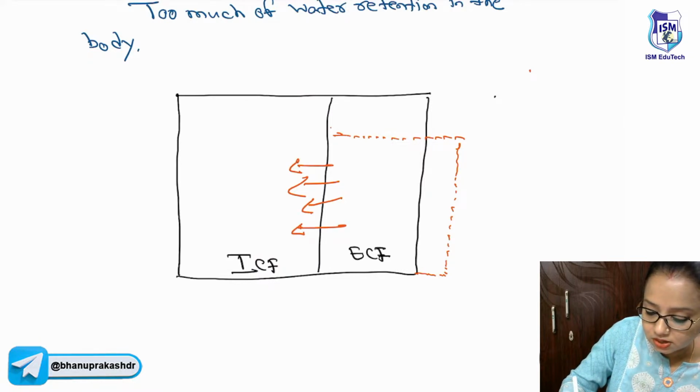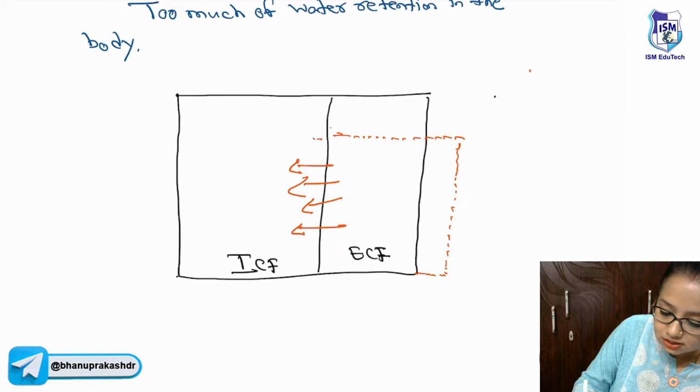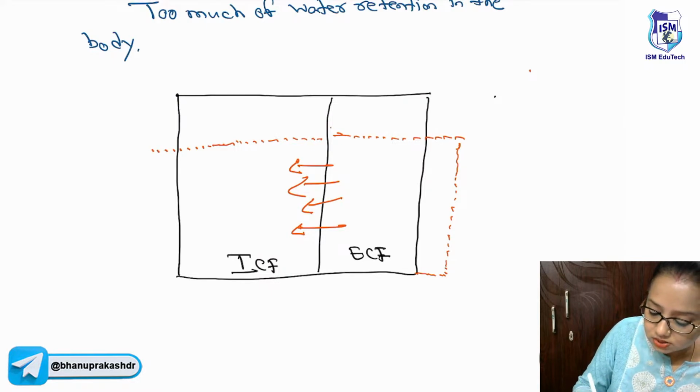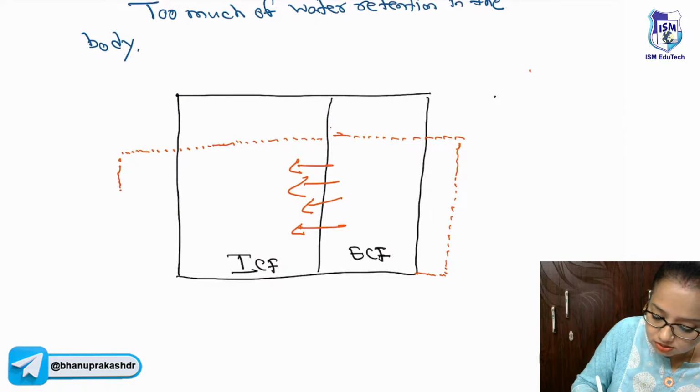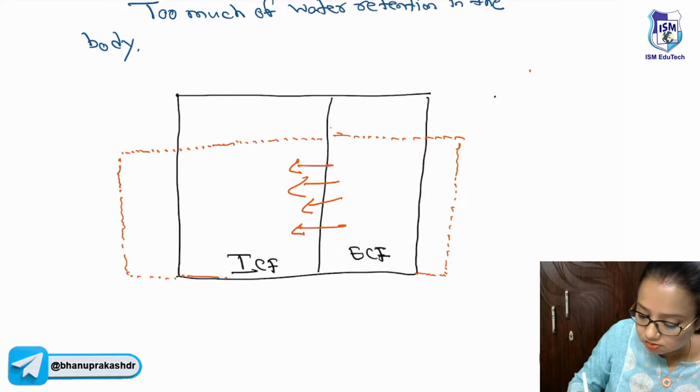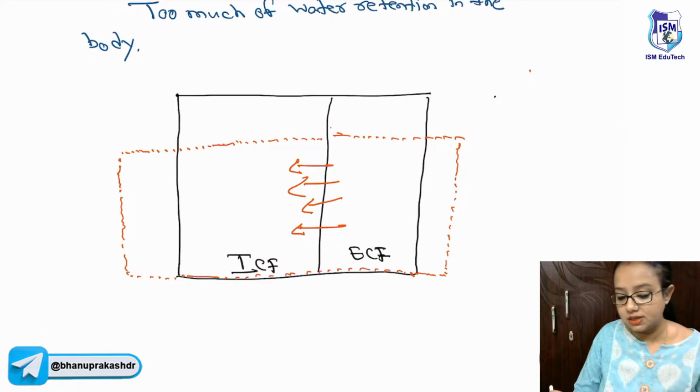The migration will start. Now, once water starts shifting from ECF to ICF, the ICF also starts expanding. The volume of the ICF also increases. So here you see, after some time, the ICF volume becomes more than the ECF volume.